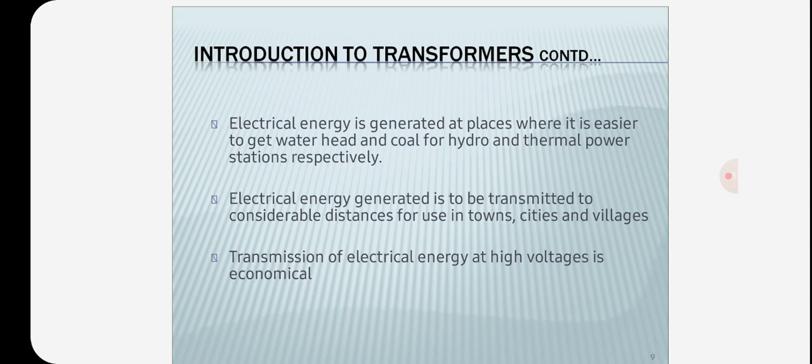Actually, the transformer is an electromagnetic energy conversion device, since the electrical energy supplied to it is first converted to magnetic energy and then reconverted to useful electrical energy in the other circuit. The transfer of energy usually takes place with a change of voltage.